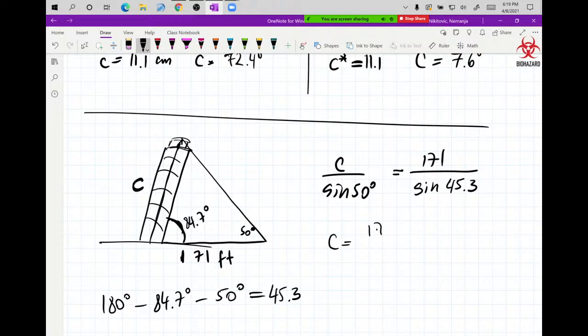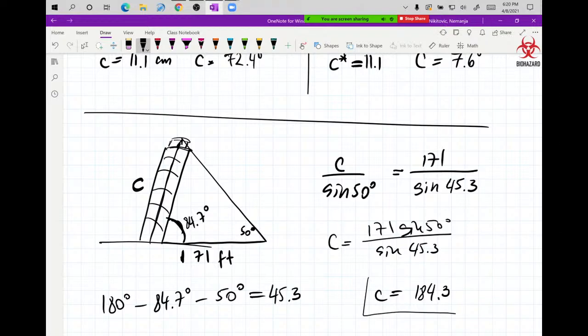c equals 171 sine 50 divided by sine 45.3. So that is going to be the height of the tower. Let's see, 171 times sine of 50 and then divided by sine 45.3. 184.3.